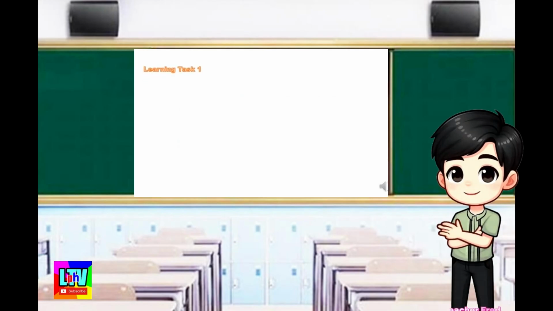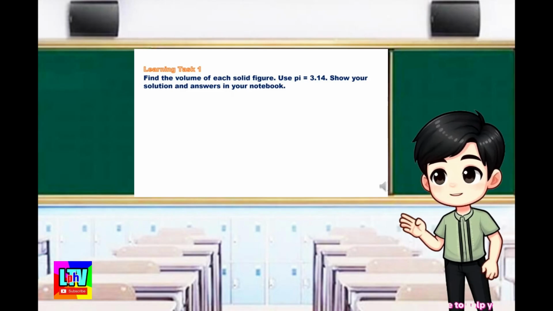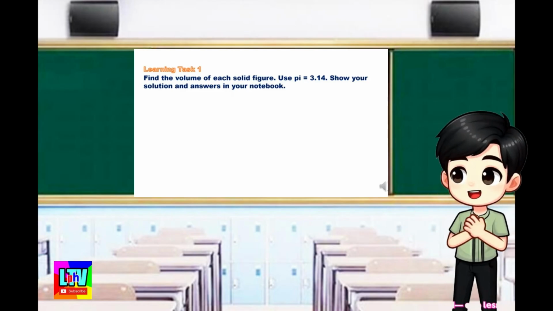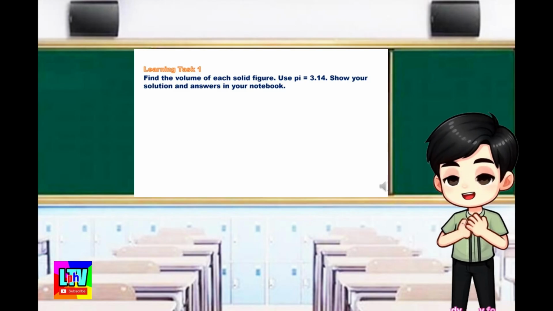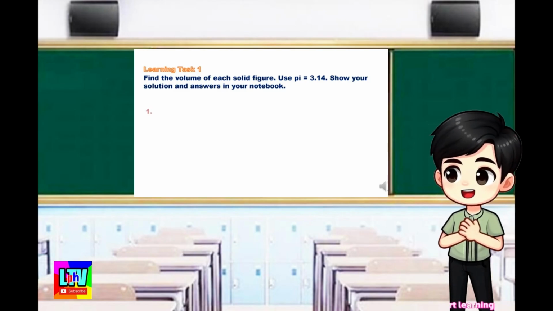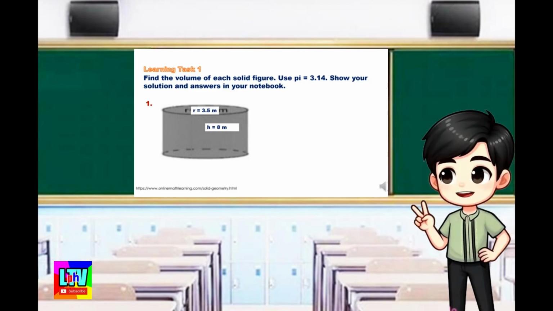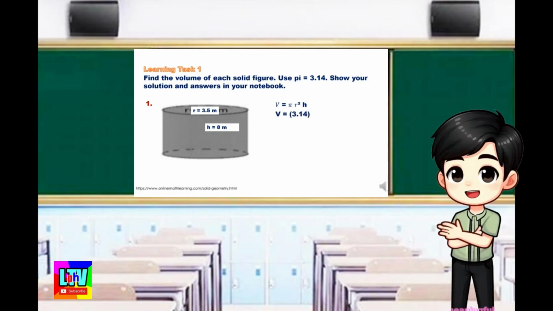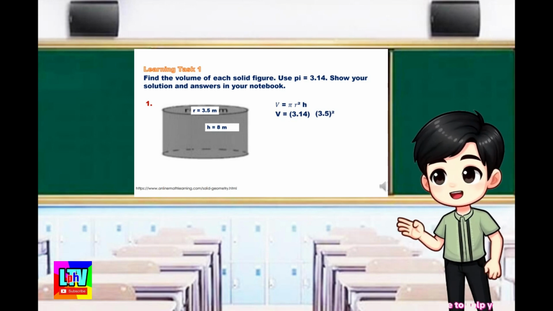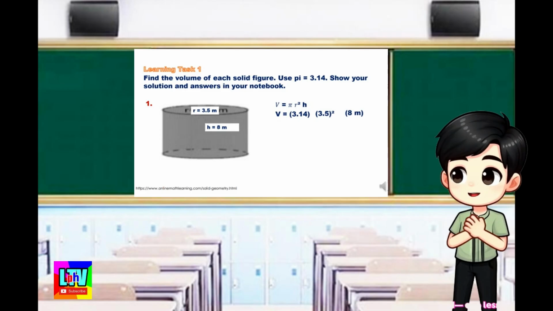Learning task 1. Find the volume of its solid figure. Use pi equals 3.14. Show your solution and answers in your notebook. Number 1. That is a cylinder. So using this formula, pi is 3.14 times the radius 3.5 and the height is 8 meters.